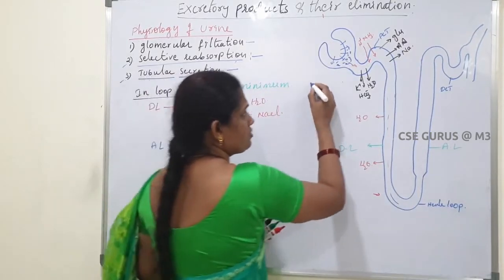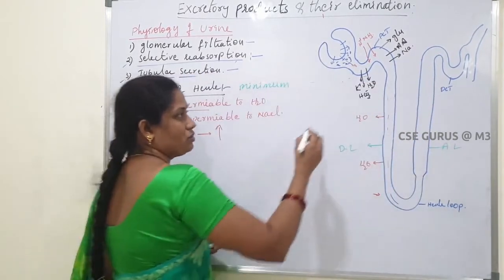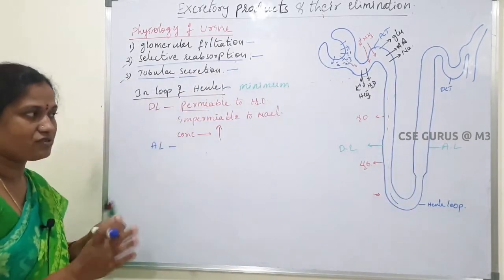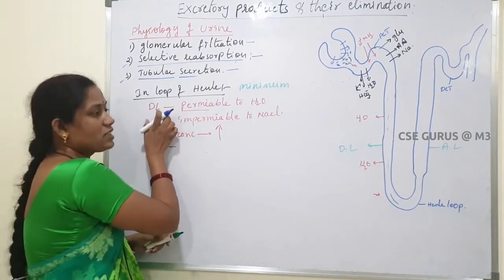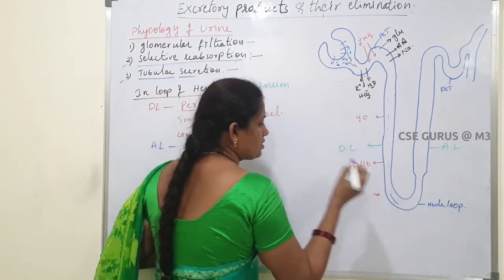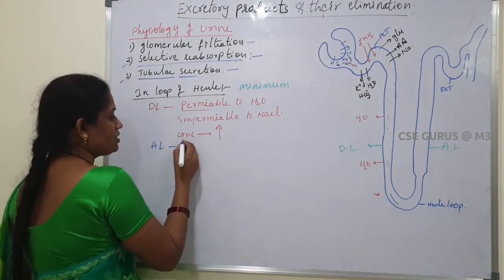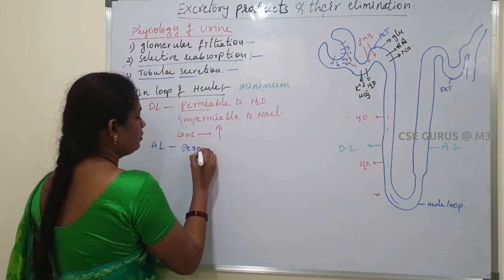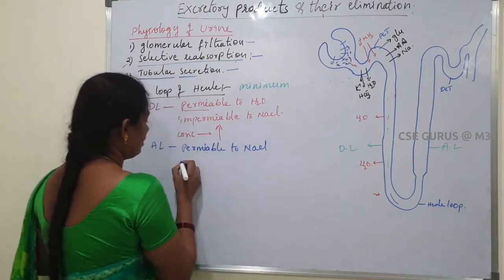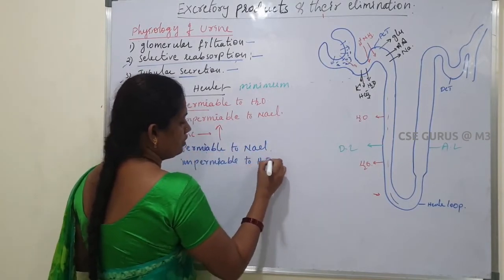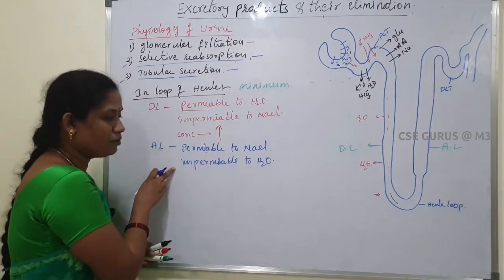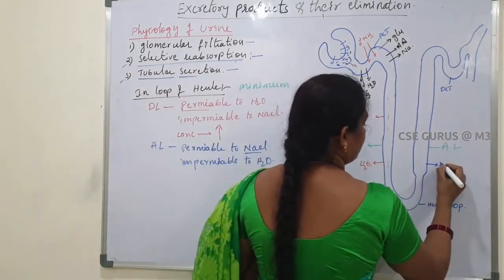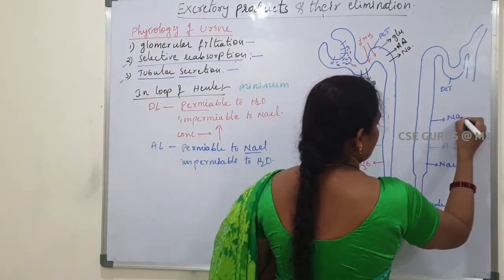The loop of Henle is present in the medulla region, so in the loop of Henle the filtrate has different concentrations. In the descending limb the concentration slowly increases. The ascending limb is opposite to the descending limb: it is permeable to sodium chloride and impermeable to water, which means it absorbs only sodium chloride.